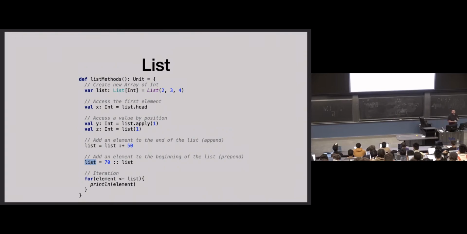There is a big difference between prepend and append. Append is a very slow, bad operation because it has to copy this list because we're updating 4. 4 now knows about 50, but this list can't change, so we can't reuse this list. So that's my kind of short explanation. But append is slow and prepend is fast, if you want the TLDR of it. And it has to do with garbage collection.